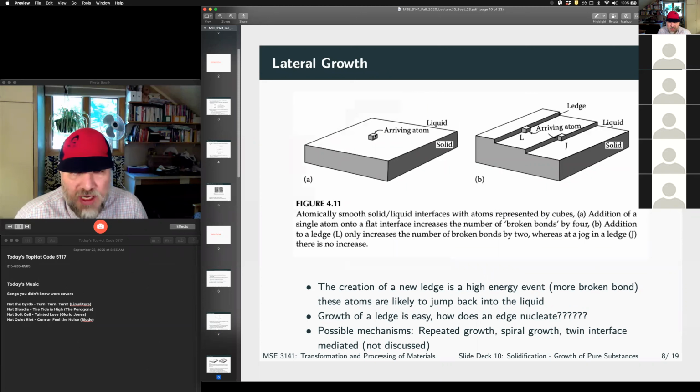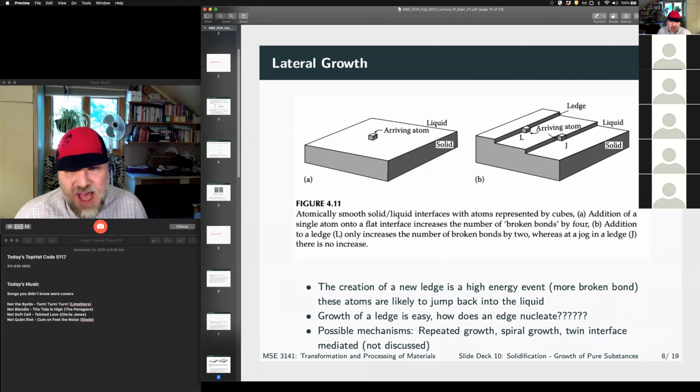and we put one arriving atom onto this interface, right? Essentially, if we think we have a coordination number of 4, right? So each cation surrounded by 4 anions and vice versa, right? We have one missing. So we have 3 on this surface. We have 3 bonds with 1 missing.